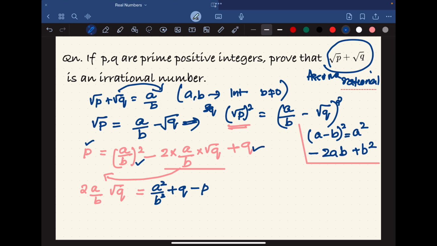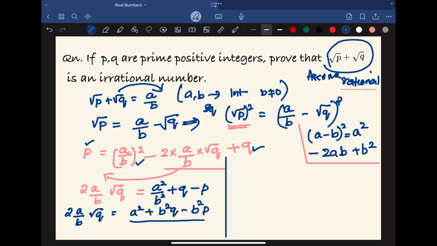Okay, so now on the right hand side you can apply LCM here. That means the left hand side is 2a by b root q is equal to (a square plus b square q minus b square p) the whole divided by what? Yes, b square will come, right?